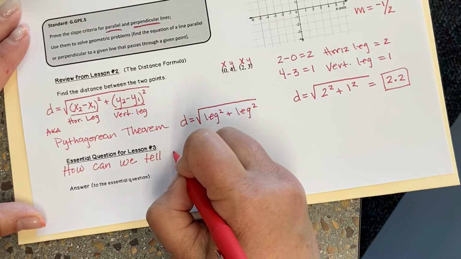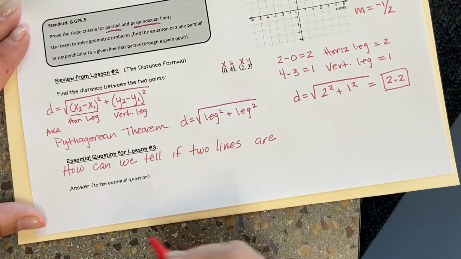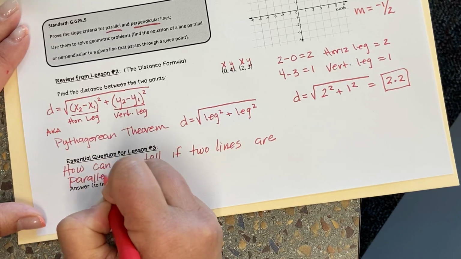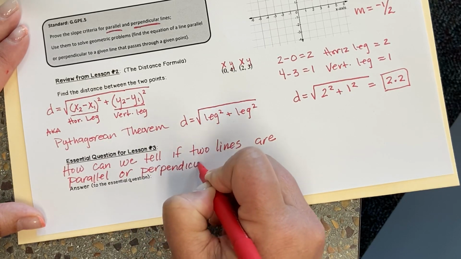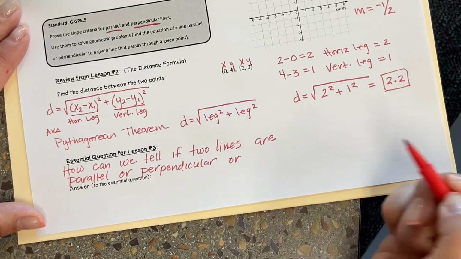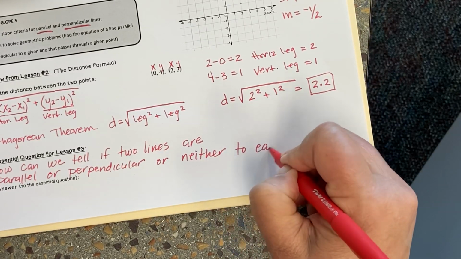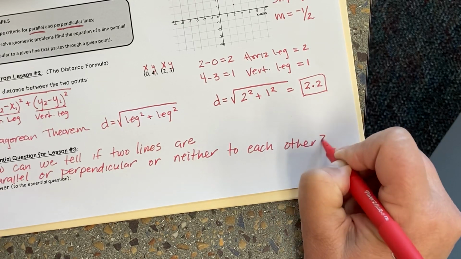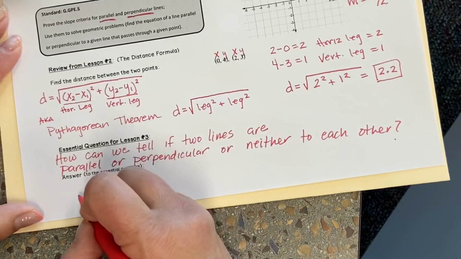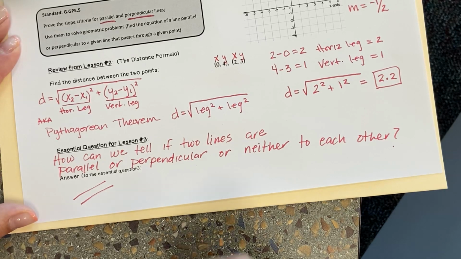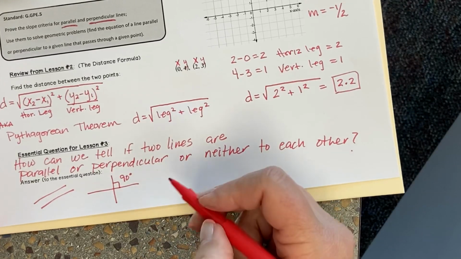How can we tell if two lines are parallel, which would look like that, or perpendicular, which means they cross at a 90-degree angle, or neither?